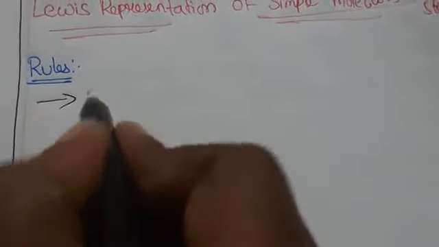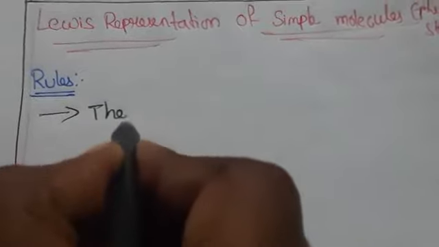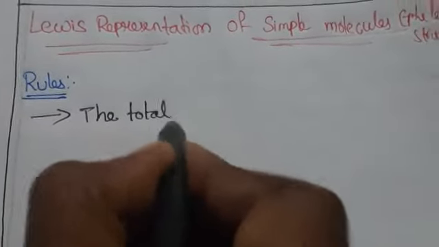The first rule is nothing but the total number of electrons.